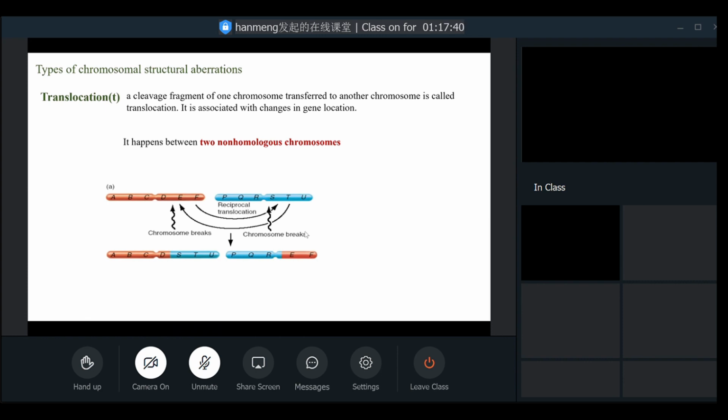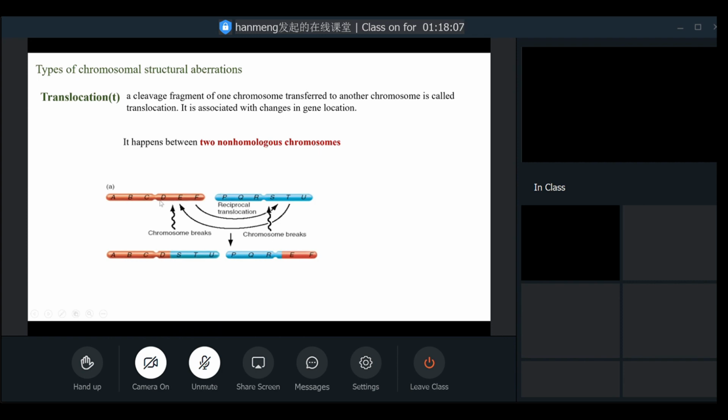But translocation occurs between two non-homologous chromosomes. So if translocation occurs, then the genes will change because it happens between two non-homologous chromosomes.